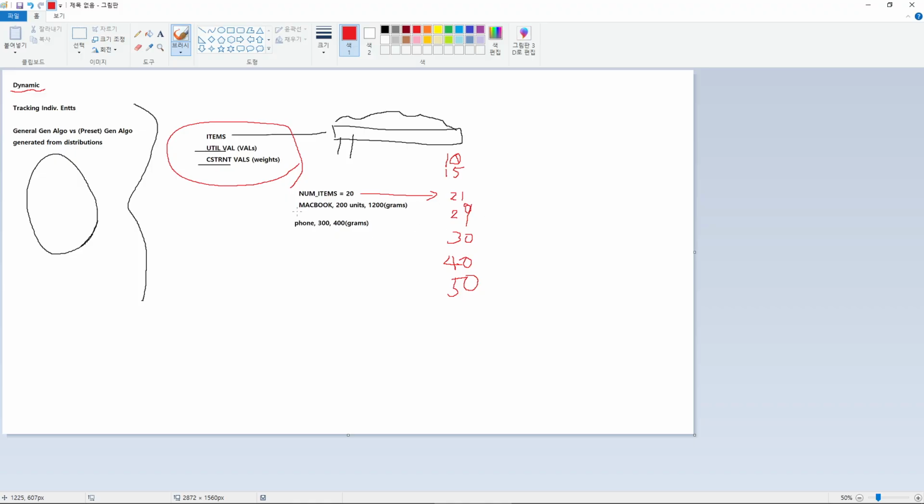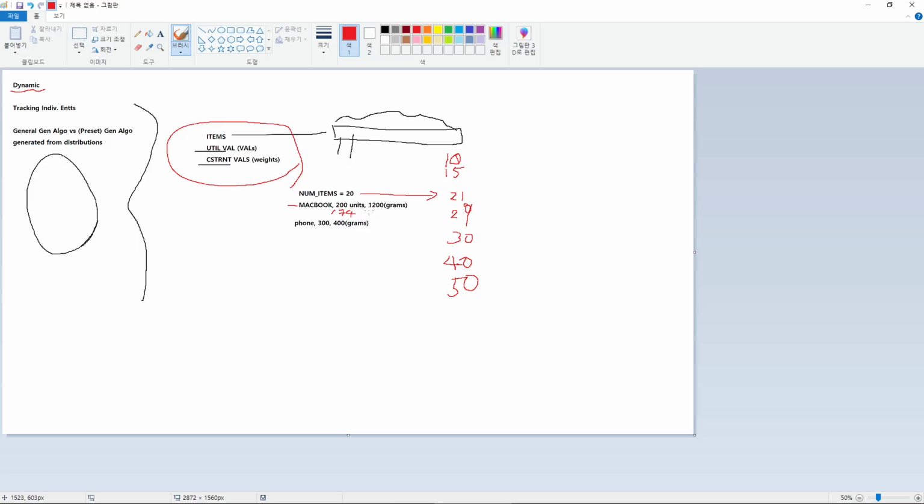Or if it's dynamic, the value of MacBook could change. It could go from 200 units to 174 units. Or even the constraint value could change.